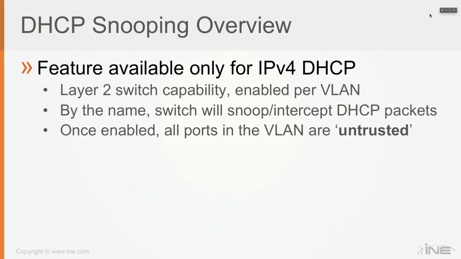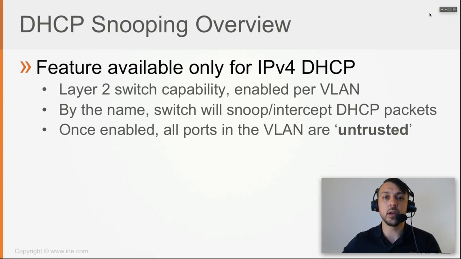And by the name, it means that the switch is going to snoop, which means it's going to intercept DHCP packets. So when I configure DHCP snooping, I want the switch to actually validate somehow, we're going to see exactly how, DHCP packets flowing in that VLAN to prevent those two attacks.